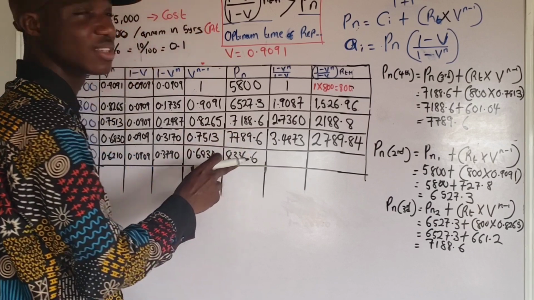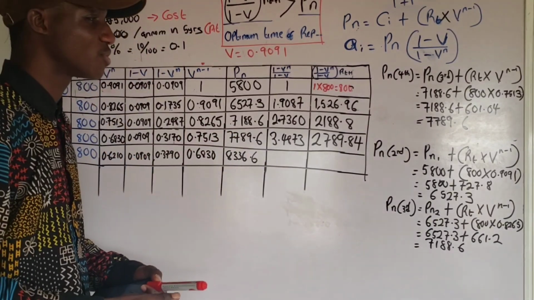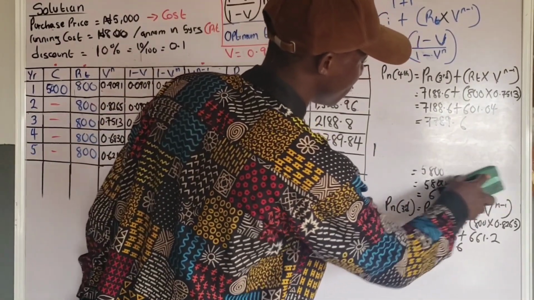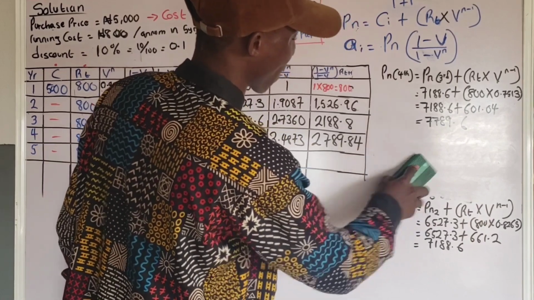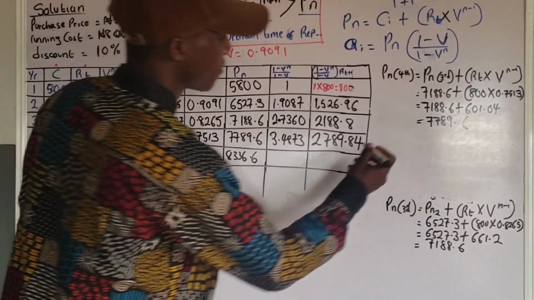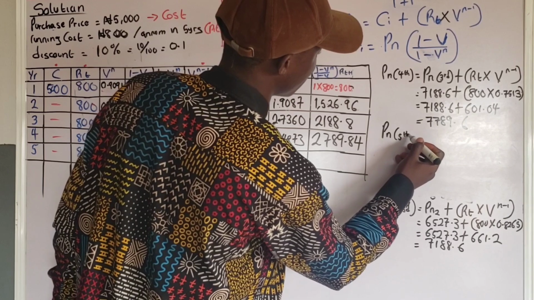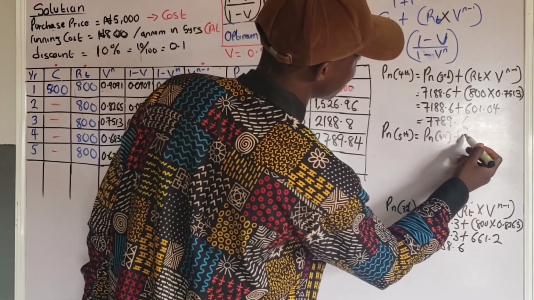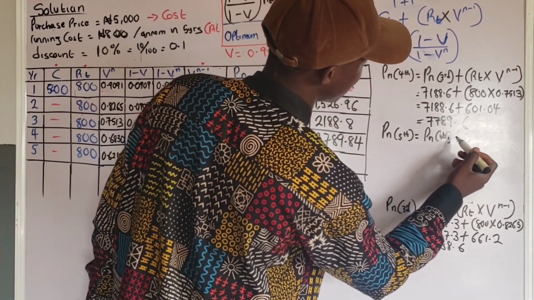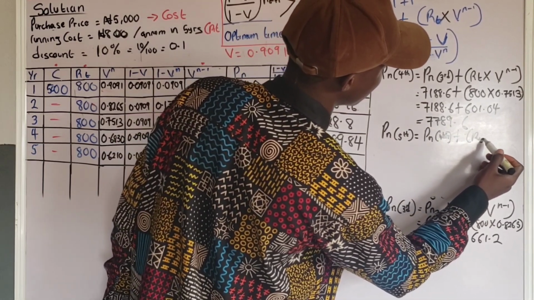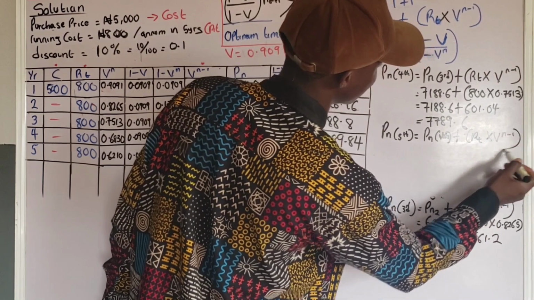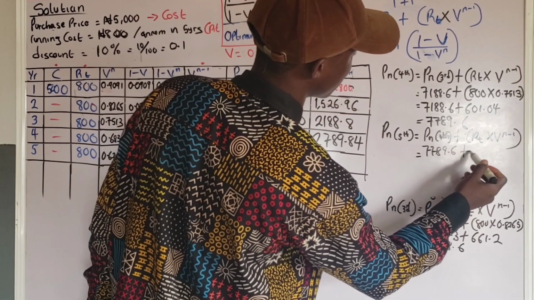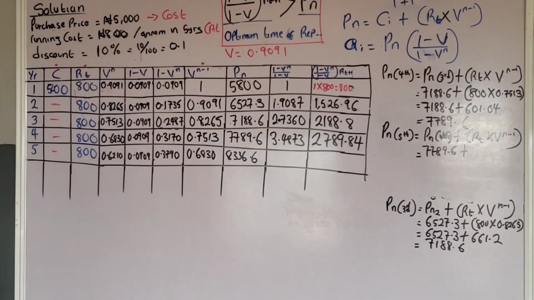Do you understand how I got this? If you didn't understand, let me write the equation for you. If you want to get the Pn for the fifth year, the Pn for the fifth year will be equal to Pn of the fourth year plus RT multiplied by v raised to the power of n minus 1. So Pn of the fourth year is 7789.6 plus RT multiplied by v raised to the power of n minus 1.